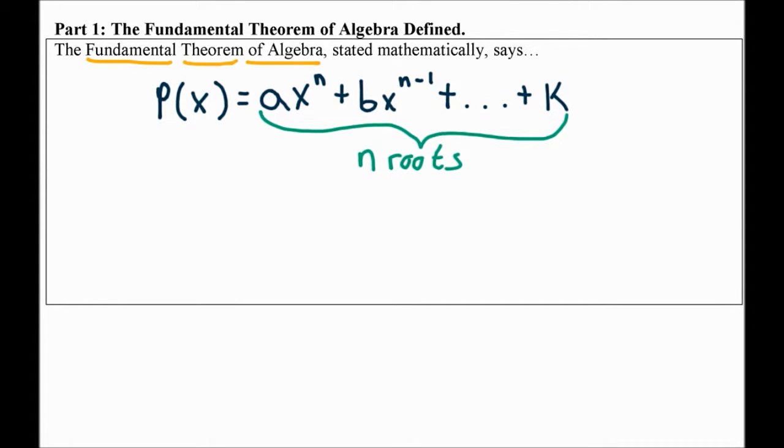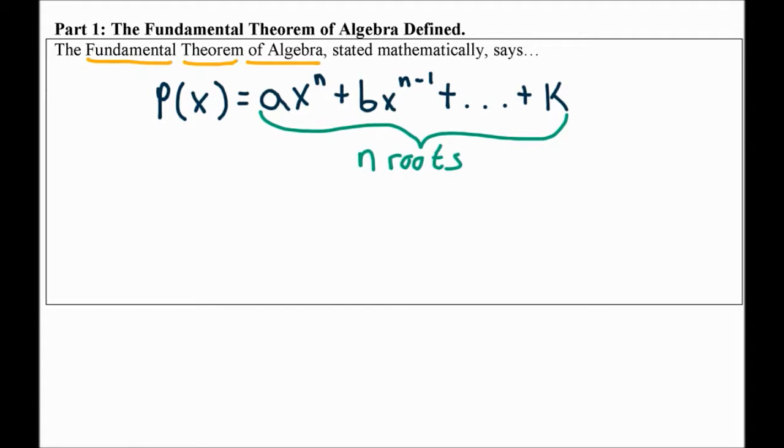So what does it mean that there are n roots? That's kind of vague, but what it means is that there are n numbers that I could plug into this equation to get 0. So if I plug them in for x, then the polynomial would equal 0. That's what I mean by n roots.